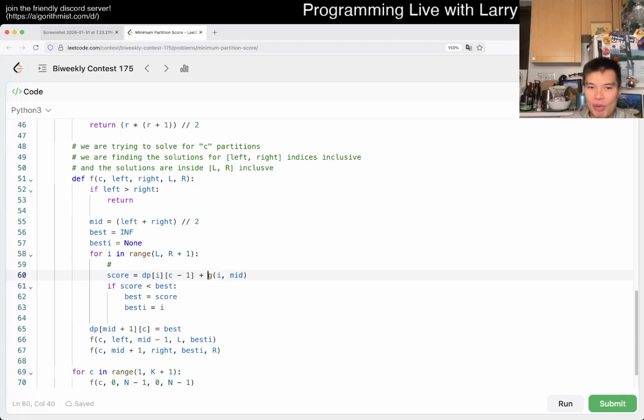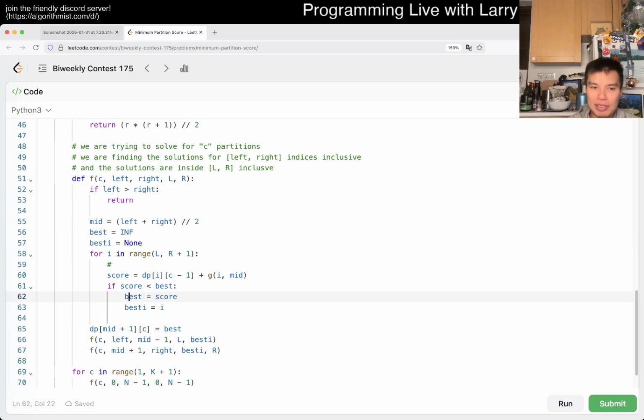And then this is going from i to the midpoint that we're trying to solve for. That's pretty much it.